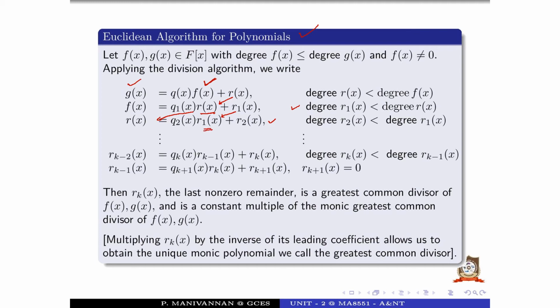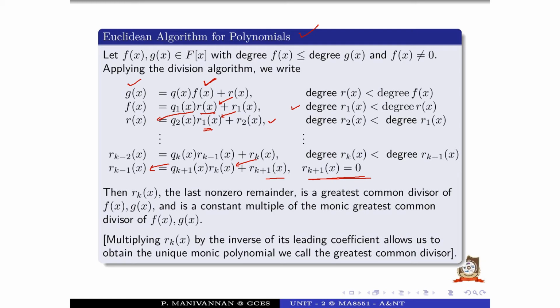Similarly, we can rewrite these terms as r_{k-2}(x) = q_k(x) r_{k-1}(x) + r_k(x), where the degree of r_k(x) is less than the degree of r_{k-1}(x). And r_{k-1}(x) is equal to q_{k+1}(x) r_k(x) + r_{k+1}(x), where r_{k+1}(x) equals 0.